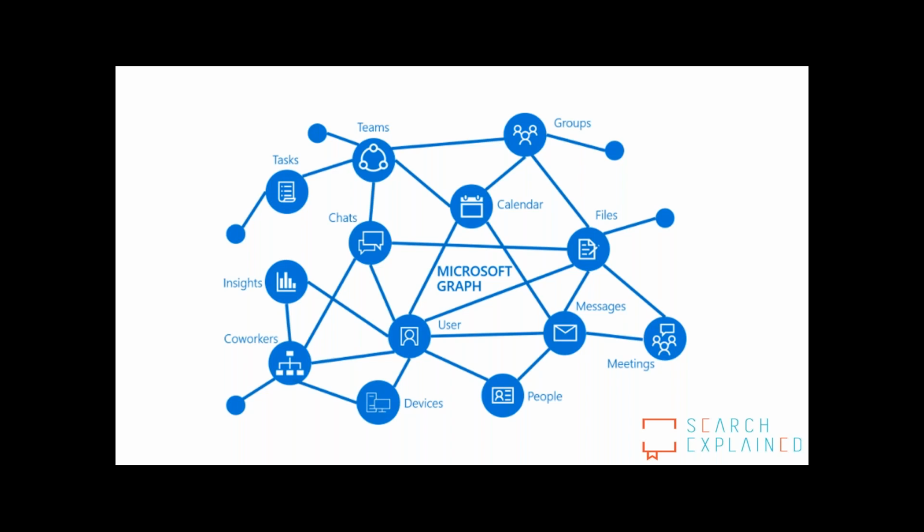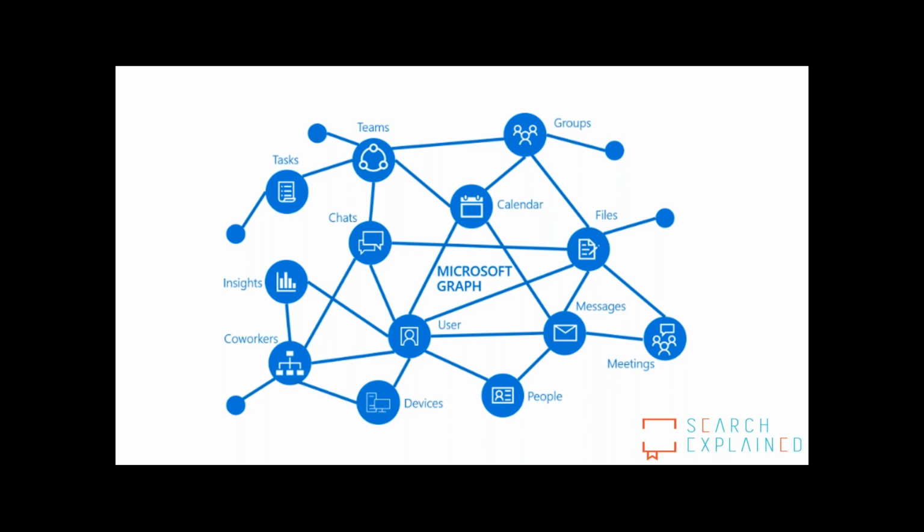So if you think about the Microsoft Graph, it stores a lot of information about the users, about the content in your tenancy, and the relationships between them, which is a lot of rich information, and this provides a capability to display personalized content.